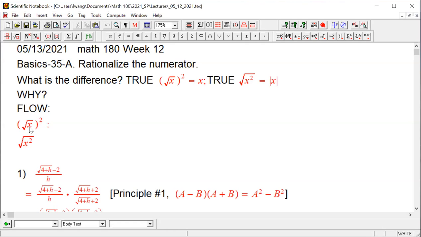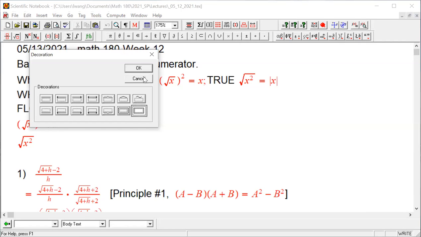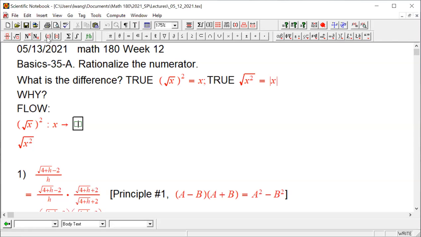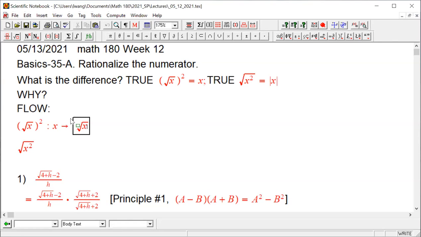Root x is operated, the square is done later, right? So we first have x given as input, and then we do the square root of x. The output is root x, square root of x. And then we square it.